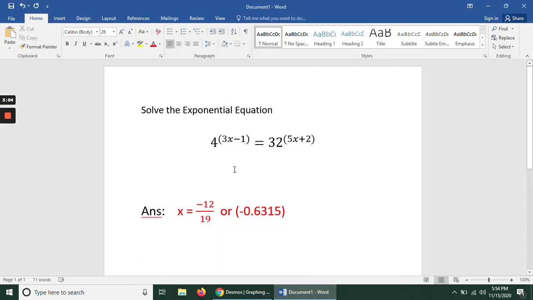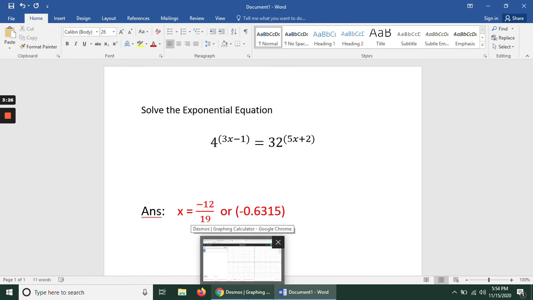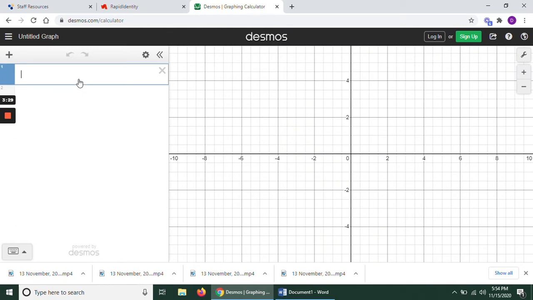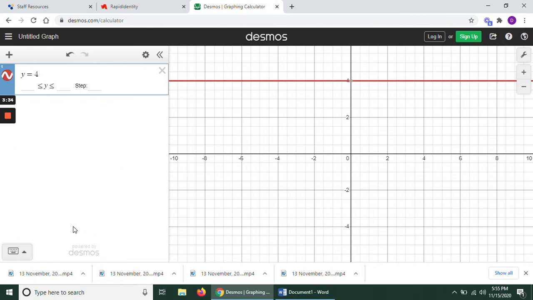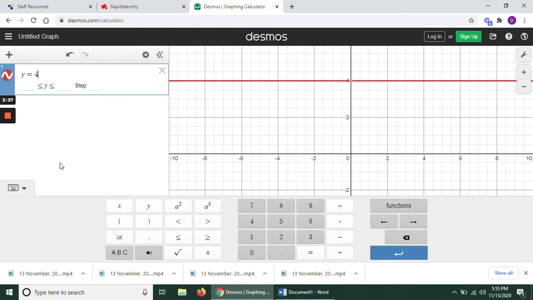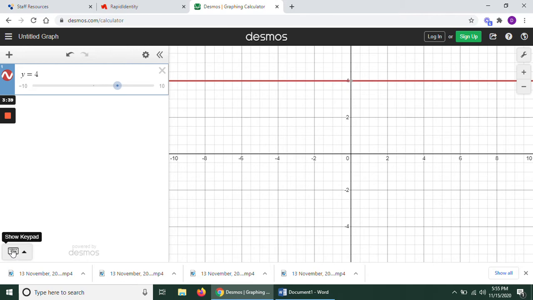I am going to split my equation into two equations. y is equal to one side, y is equal to the other side. So I'm going to be using Desmos. So y is equal to 4. To get my exponent, I go to the keyboard, which is right here.